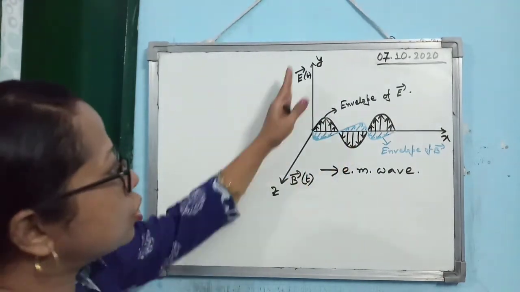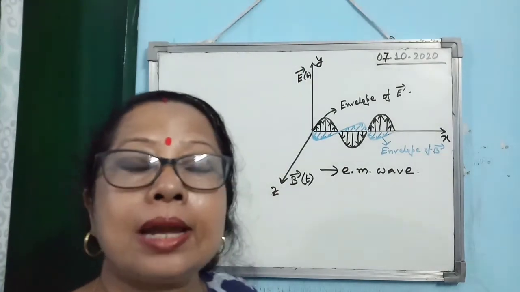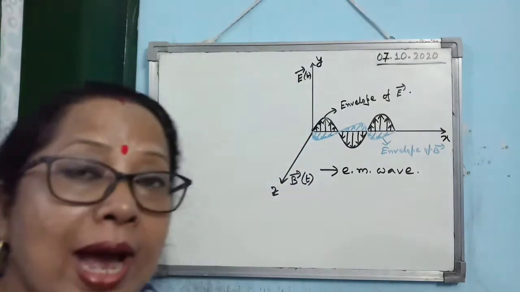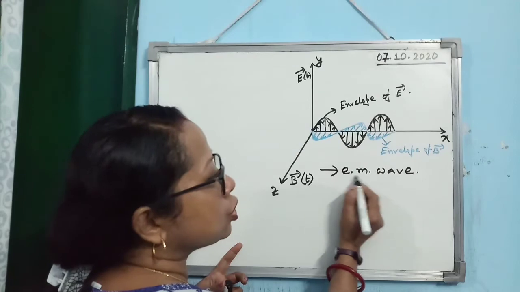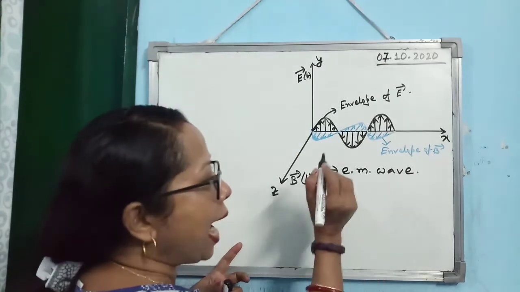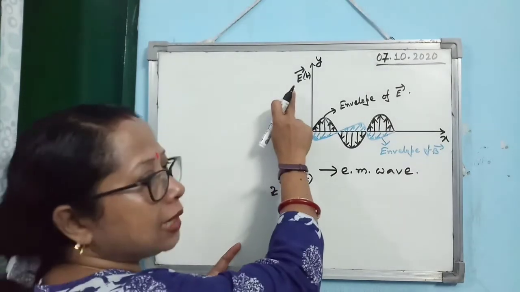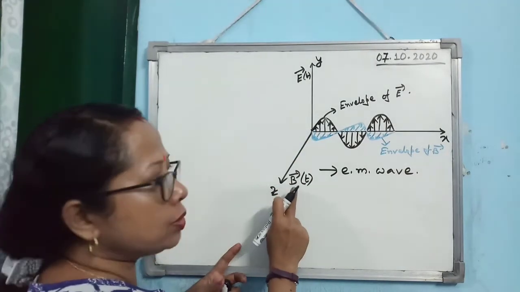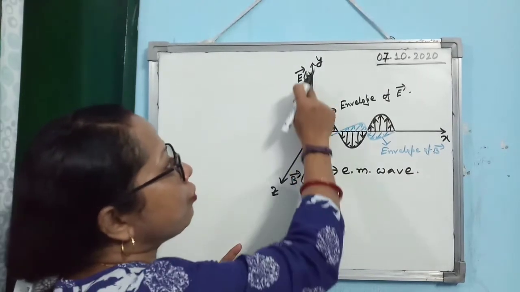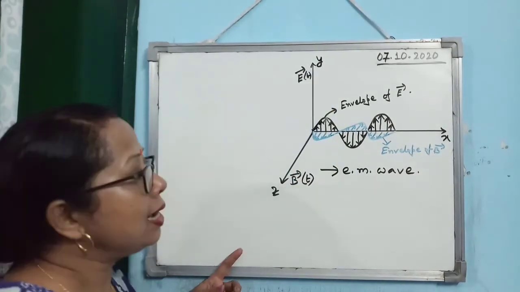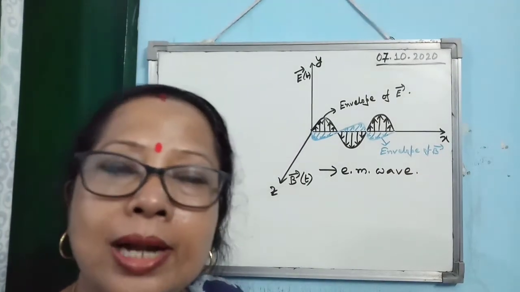Then these two time varying mutually perpendicular electric and magnetic fields give rise to a wave which is known as an electromagnetic wave, and the wave propagates perpendicular to both the electric field and the magnetic field. So if the magnetic field is along the z-axis and the electric field is along the y-axis, then the electromagnetic wave will propagate along the x-axis.